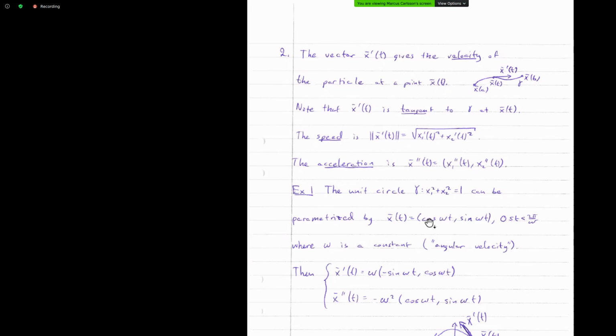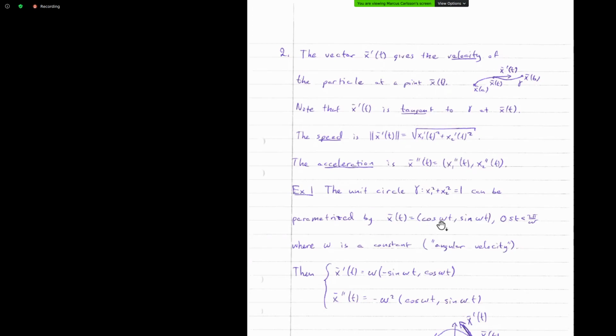So with cosine and sine, you go around the circle at a constant speed, yes? But that constant speed can be either fast or slow. So to make the example a bit more interesting, we introduce here an omega. It looks like a W, but it's almost the same.